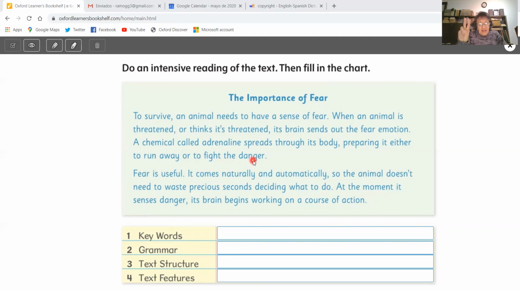So the animal has two options, fight or run. Fear is useful. It comes naturally and automatically, so the animal doesn't need to waste precious seconds deciding what to do. At the moment it senses danger, its brain begins working on a course of action.